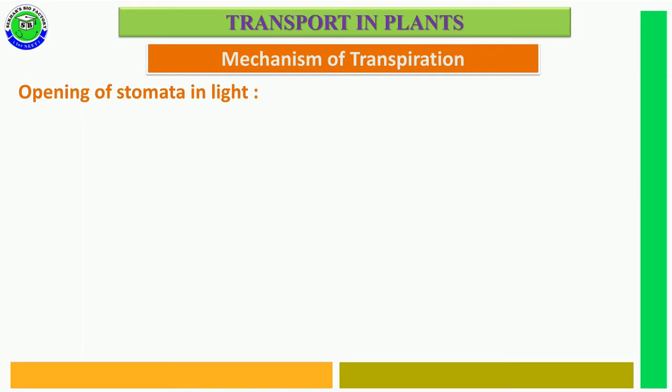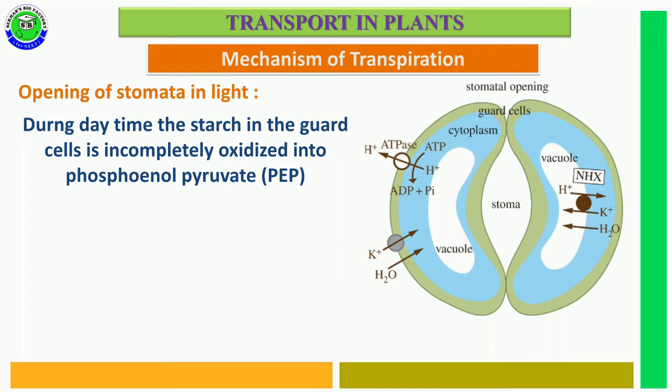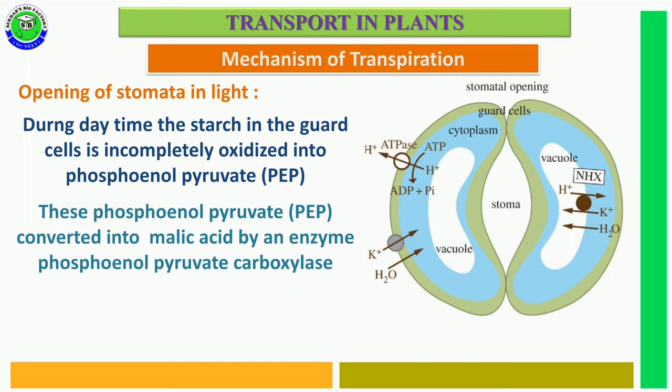The opening mechanism of stomata in light. During daytime, starch is synthesized in guard cells, and this starch is incompletely oxidized into phosphoenol pyruvate, simply called PEP. This phosphoenol pyruvate then converts into malic acid by the enzyme phosphoenol pyruvate carboxylase.